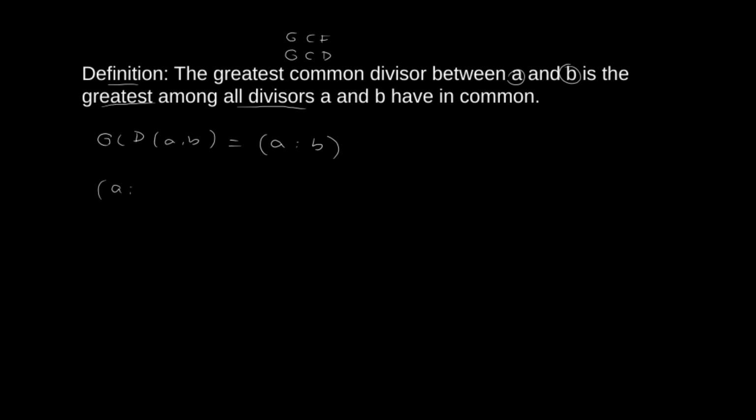It means that the GCD is going to divide a, and the GCD will divide b. And if d, an integer, divides a and d divides b, then d will be smaller than or equal to the GCD between a and b.